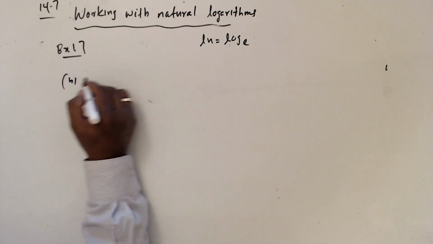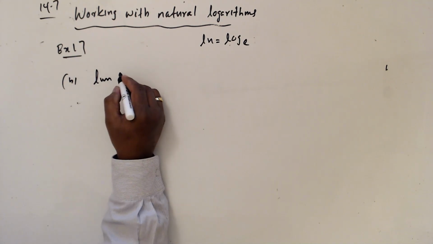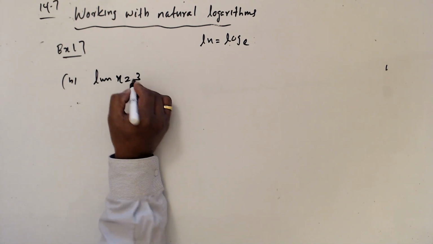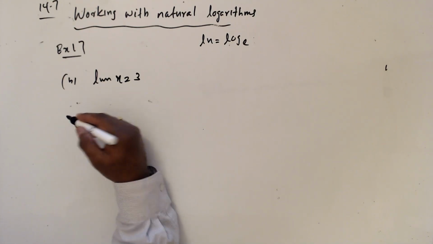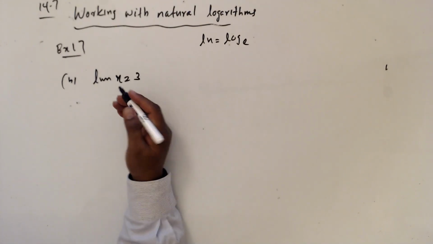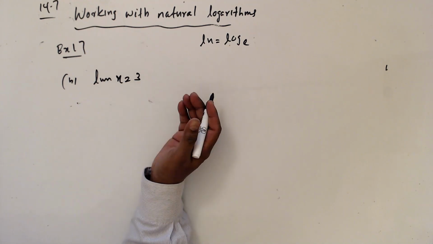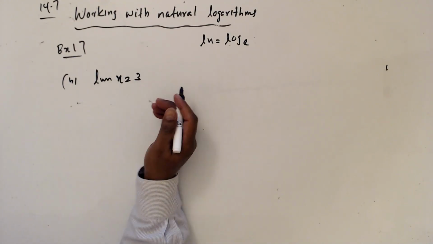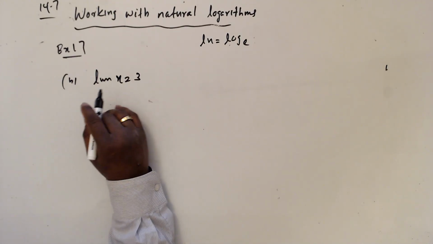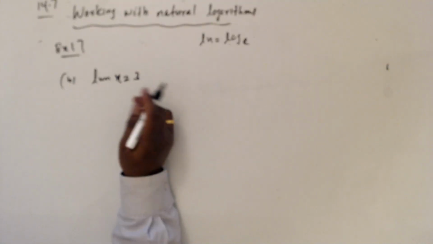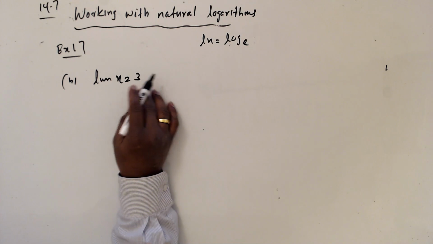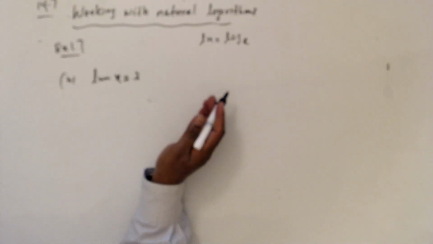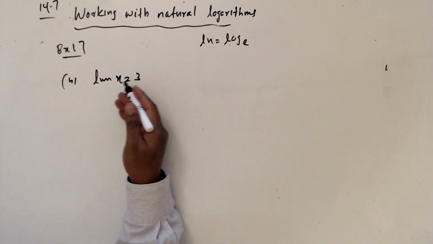Now part B, ln x equals 3. In the previous one we jumped into the logarithm, and in this one we need to come out of the logarithm. So that's all in this section, jumping in or jumping out. Now we are expected to write in exponent form. So where is the base?